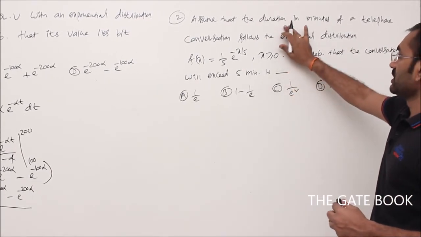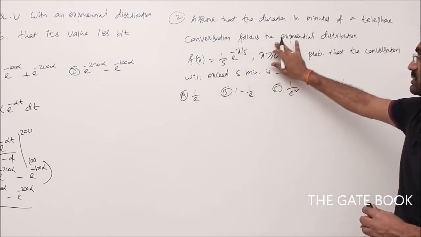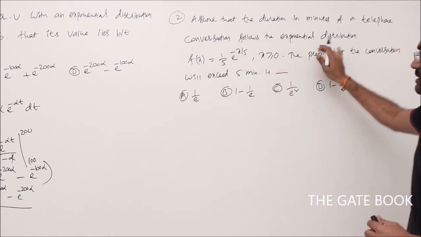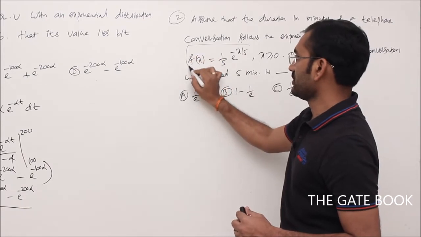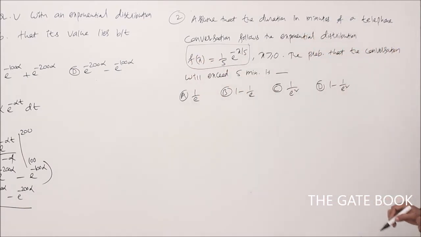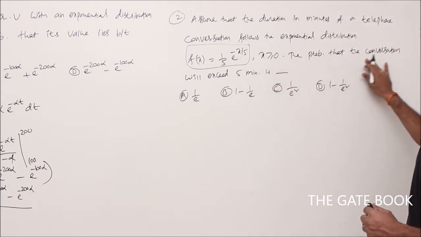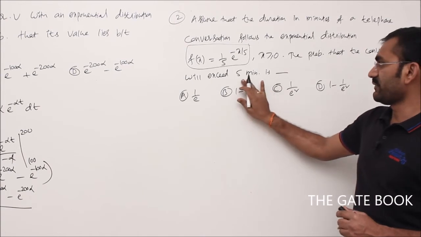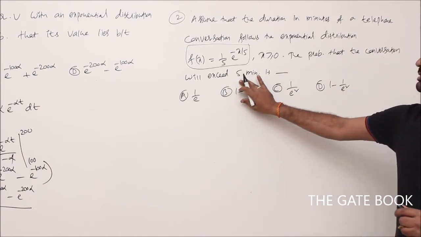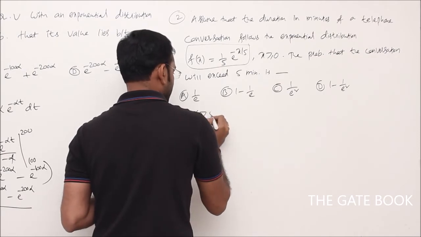Assume that the duration in minutes of a telephone conversation follows an exponential distribution. The corresponding PDF is f(x) = 1 by 5 e power minus x by 5 for x greater than or equal to 0. The probability that the conversation will exceed 5 minutes means we find P(x greater than 5).